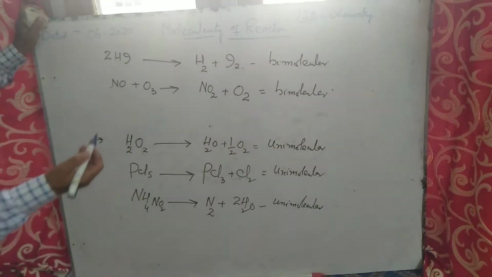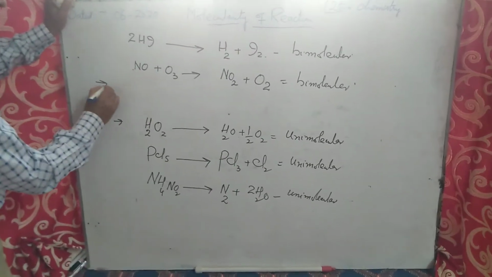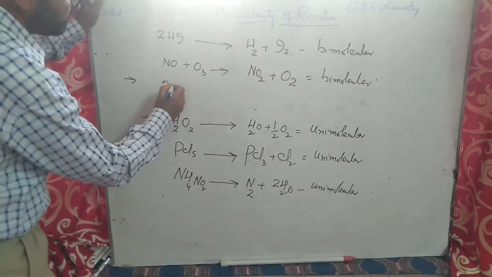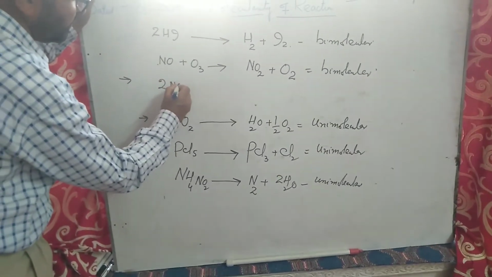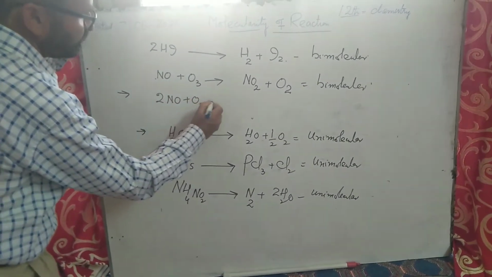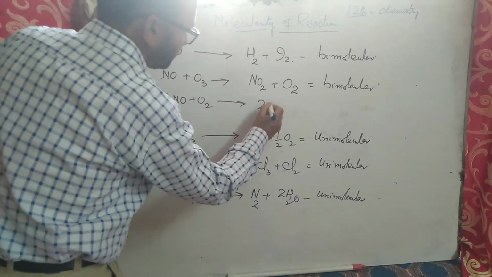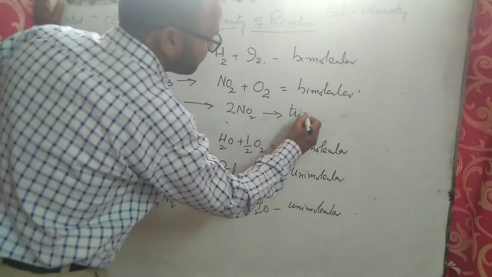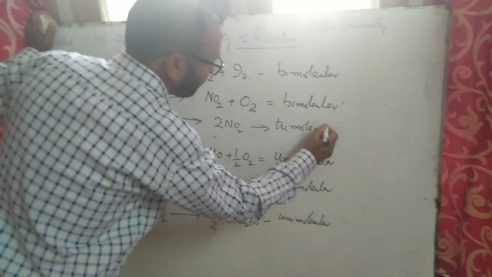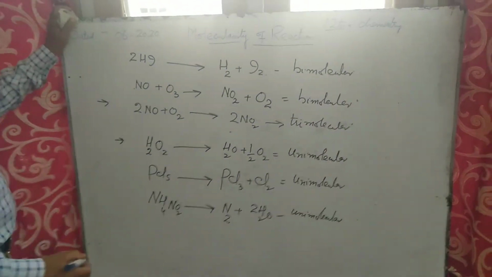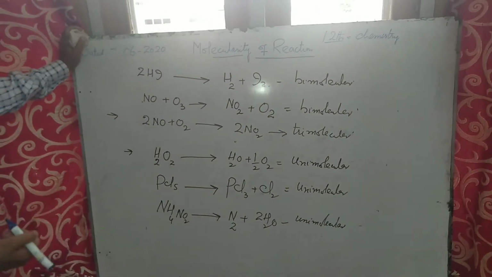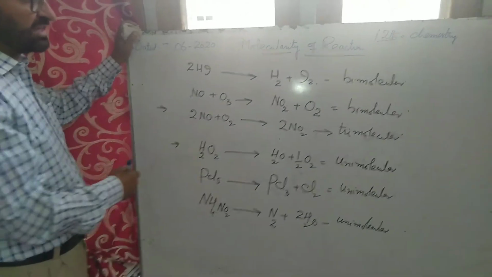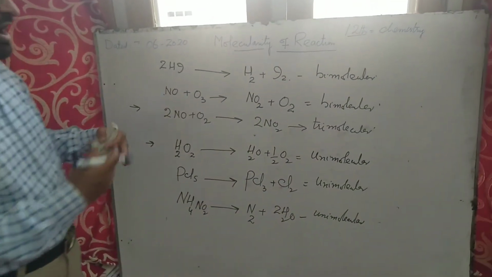Similarly, we can say that a reaction can be trimolecular. So it is trimolecular. This is a trimolecular reaction. So on the basis of this, we can expect that reactions can be of higher molecularity.